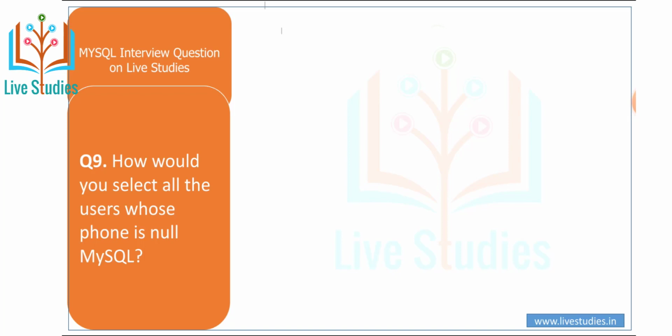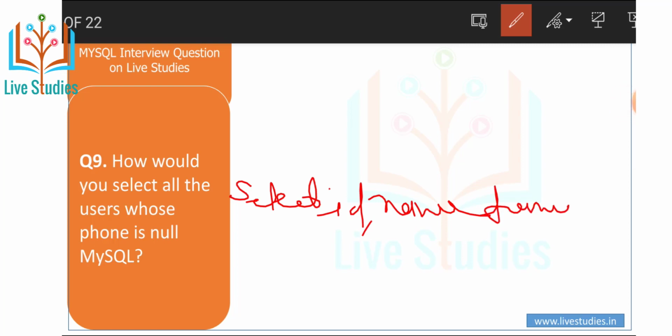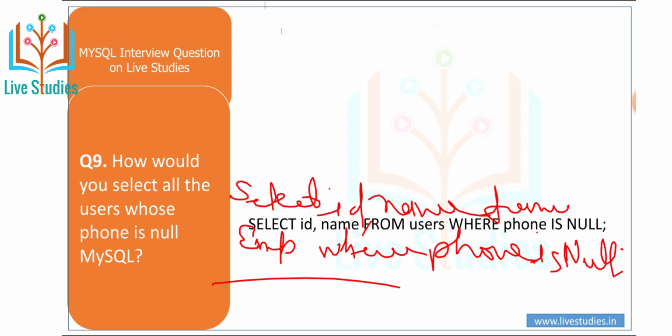Okay, it's a very important question. So the answer is: SELECT id, name FROM emp WHERE phone IS NULL. That's it. You can use this command.